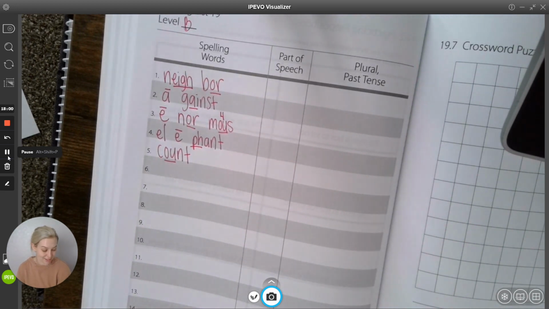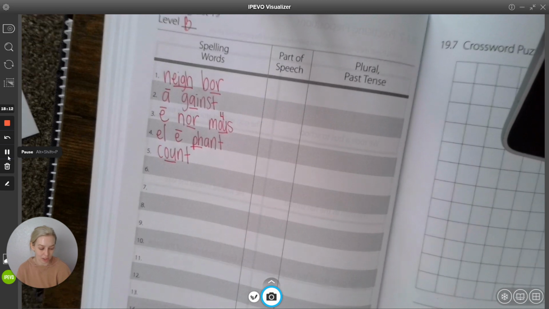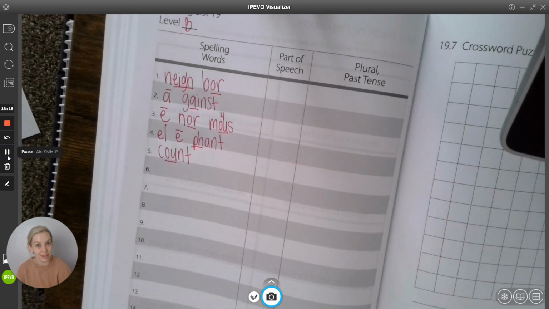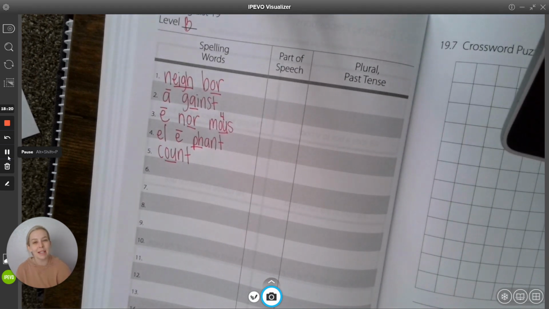Number 6, speedometer. Big word. The speedometer shows how fast you are going. Speedometer. 4 syllables in speedometer. First one is spee. Let's sound it out.